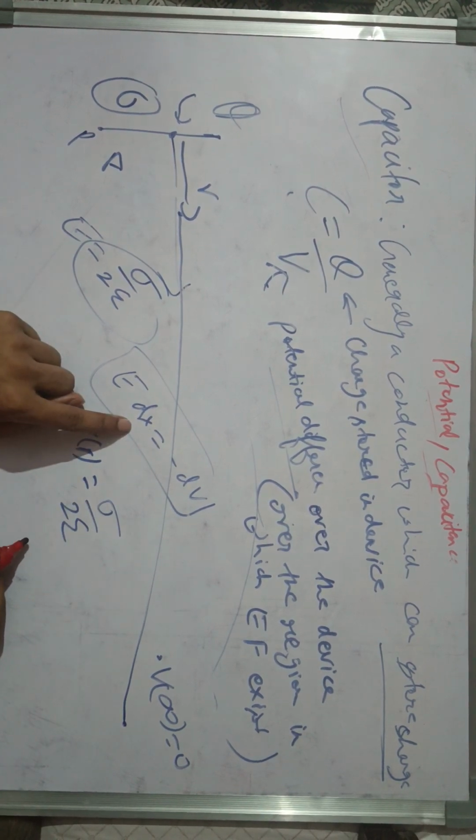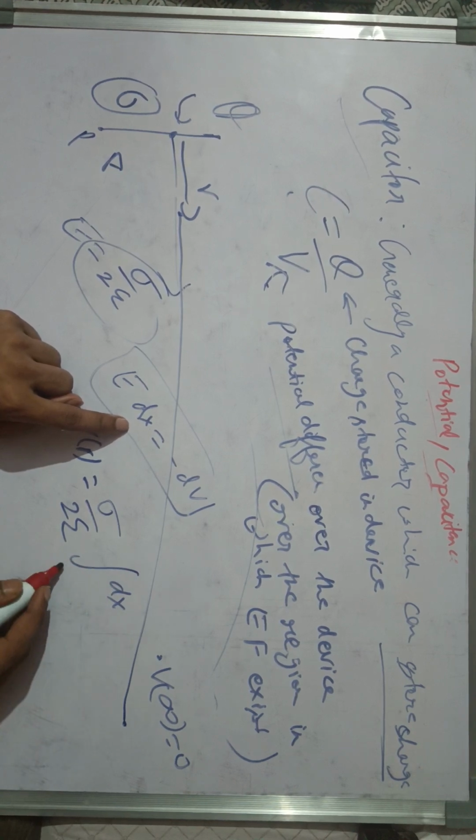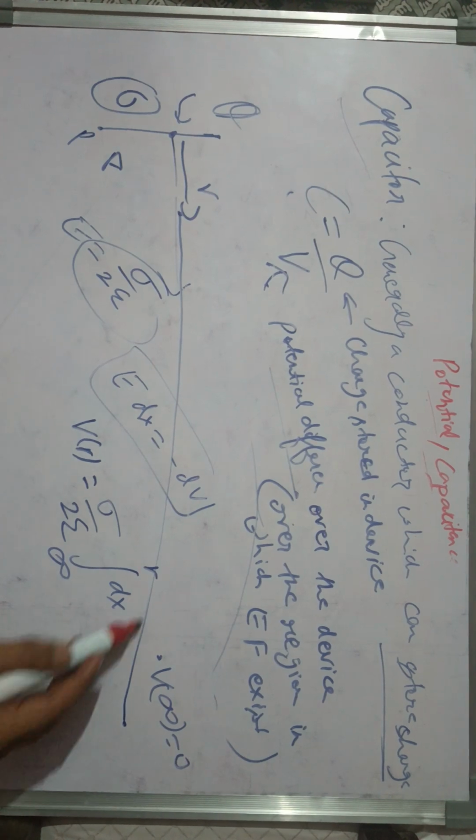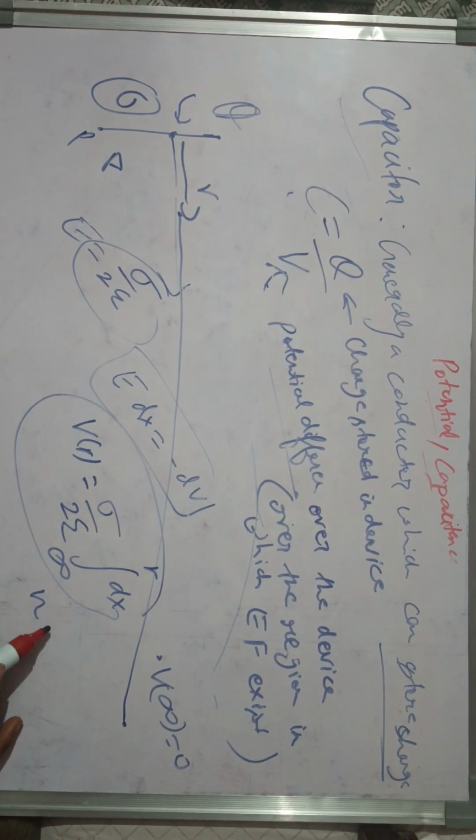The integration of this simply will give integration of dx from infinity to r. This will become sigma by 2 epsilon naught into r minus infinity. The equation will become like this.